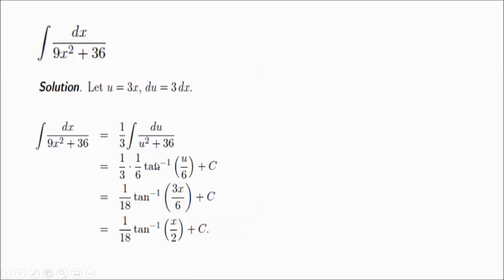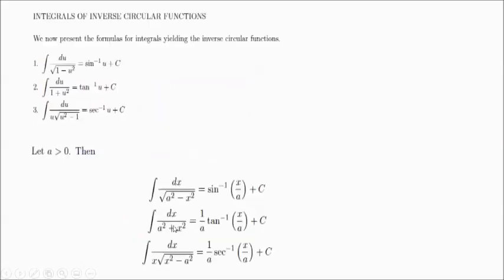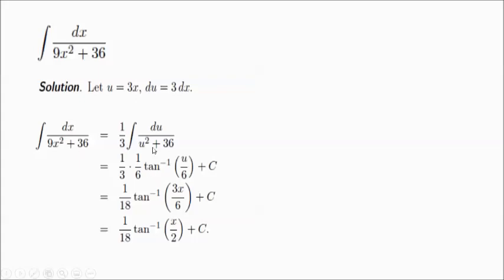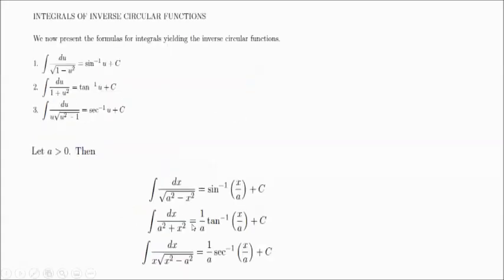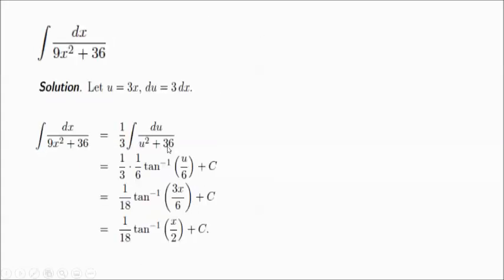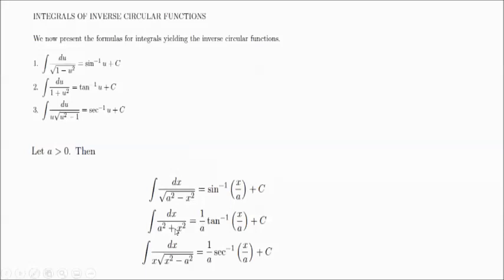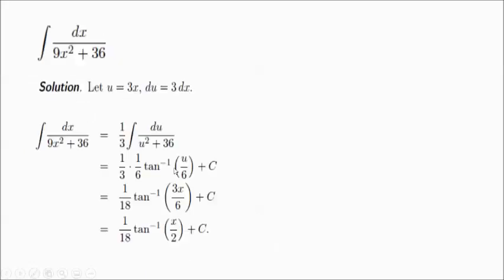And then using the formula dito, ito yung ayos niya, di ba? So 1 over 6 kasi 6 squared doon. Ito, 6 squared. So 1 over 6. Inverse tangent u over 6.